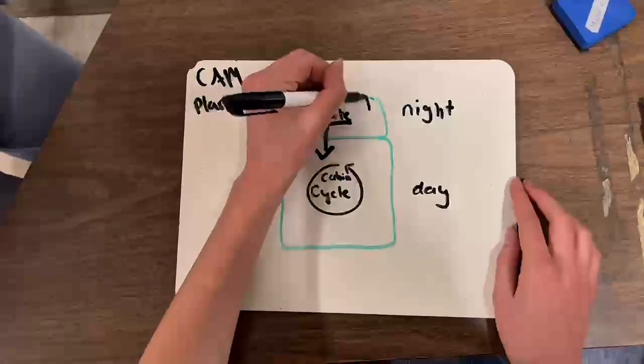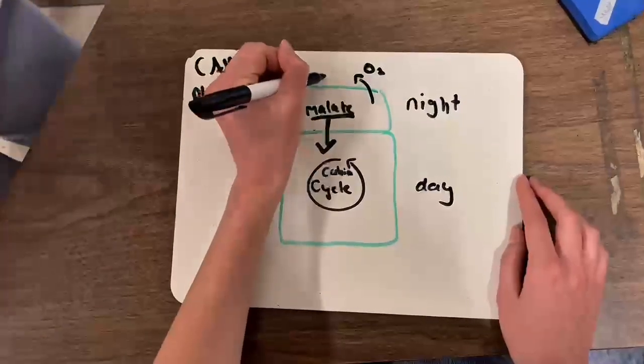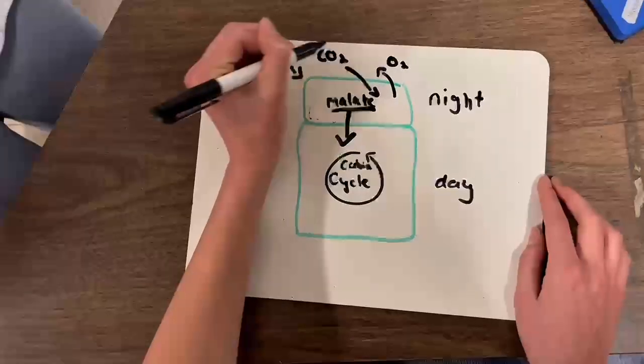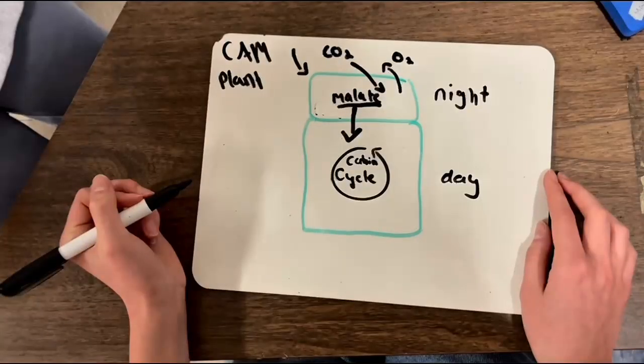In CAM plants, CO2 is taken in at night and formed into 4 carbon molecules. It is then stored until daylight.